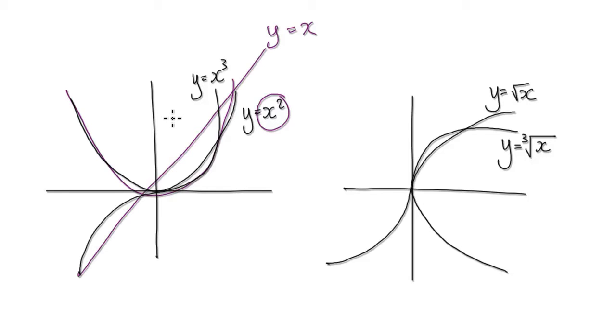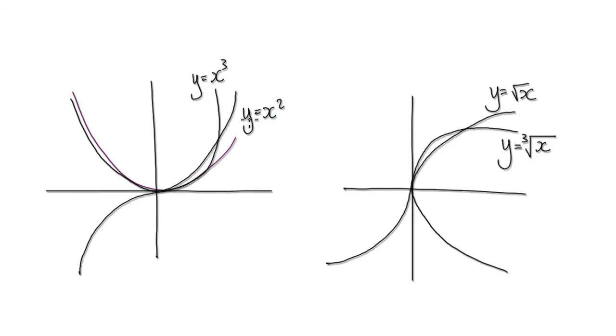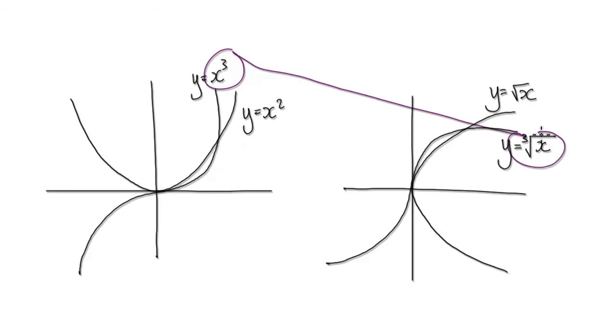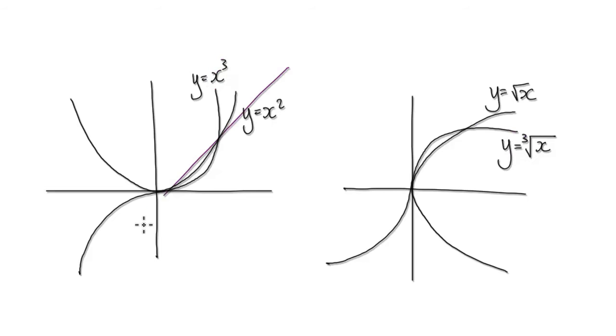So when you reflect y equals x squared, it will give you the square root. And this is the inverse of the cube root. When you inverse, you're going to reflect it along y equals x, so it's going to look something like this.